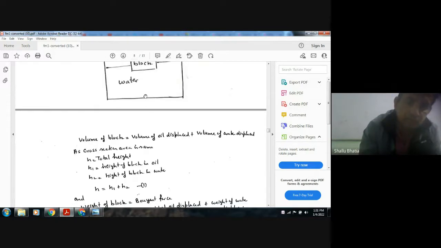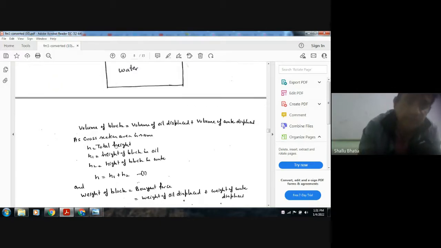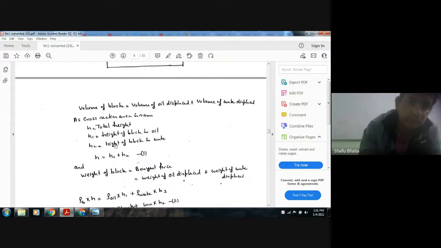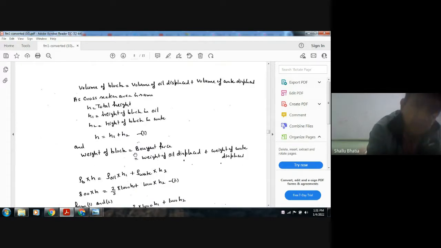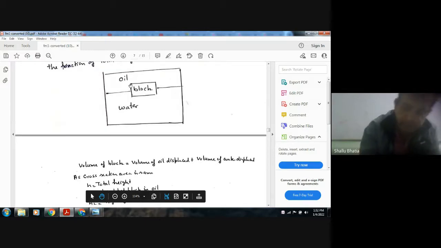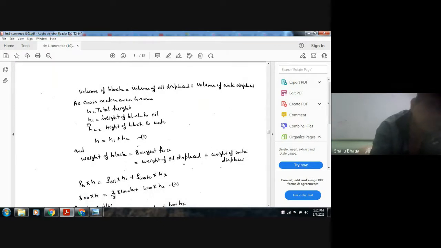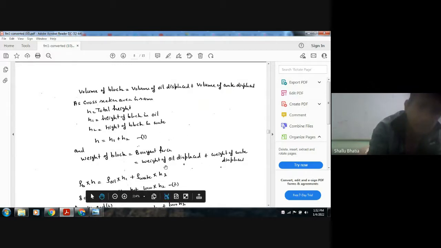That volume will create a buoyant force, which will equal the weight of the block. So the weight of the block is equal to the buoyant force, and the buoyant force is equal to the weight of water displaced plus the weight of oil displaced. The weight of oil displaced will be equal to the weight of the volume of the block in oil, and the weight of water displaced will be equal to that of the volume of the block in water.